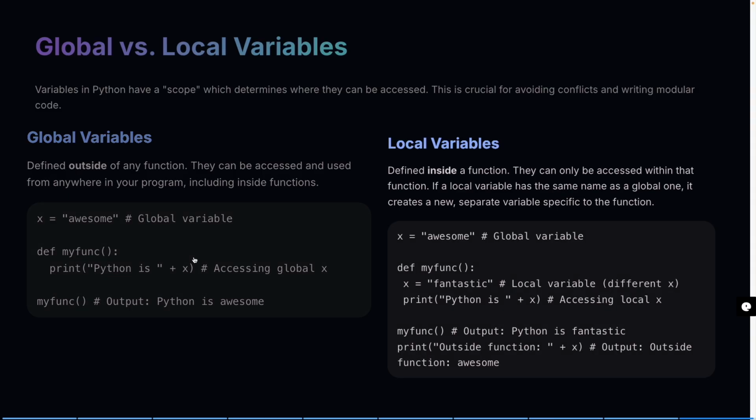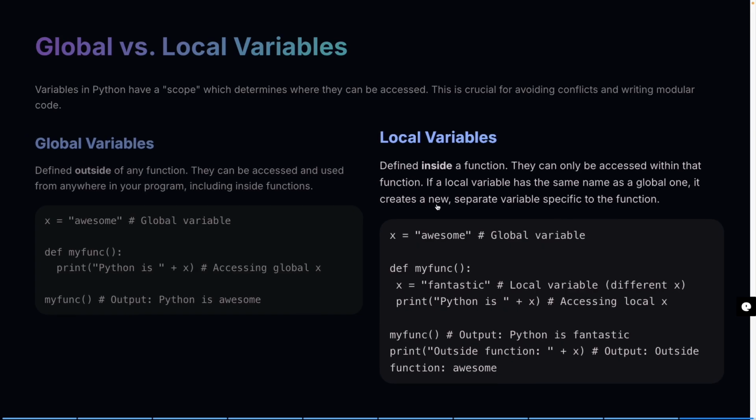Local variables are defined inside a function. They can only be accessed within the function. If a local variable has the same name as a global one, it creates a new separate variable specific to the function. x is equal to awesome. This is a global variable. We have this function, and then we set x is equal to fantastic. This is a local variable, different from the global x, and this x has been assigned inside my function.